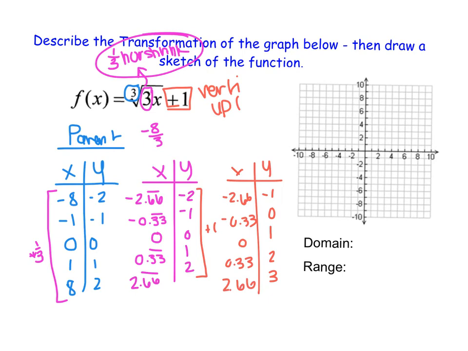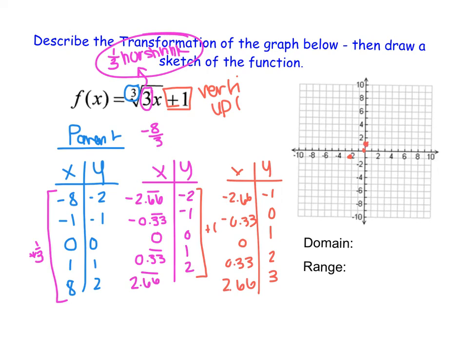So now if we go and plot those, x is negative 2.66, y is negative 1. So that's about right there. X is negative 0.33, y is 0, so that's about right there. Then you have x is 0, y is 1, so that's about there.